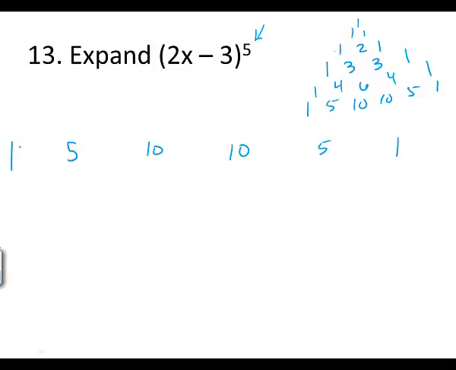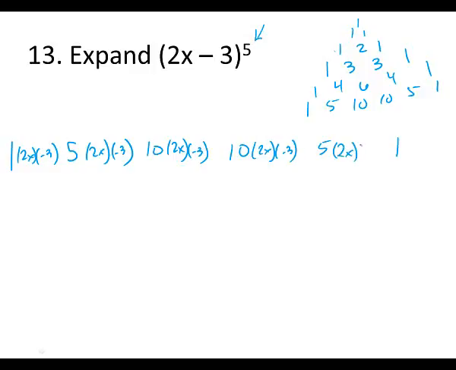And then I'm going to write out 2x and -3. And notice, we're not giving you one of the nice ones where you just have an x and a y. You're going to have something else extra here to do. Alright, what's the first exponent on the 2x? 5, 4, 3, 2, 1, 0.